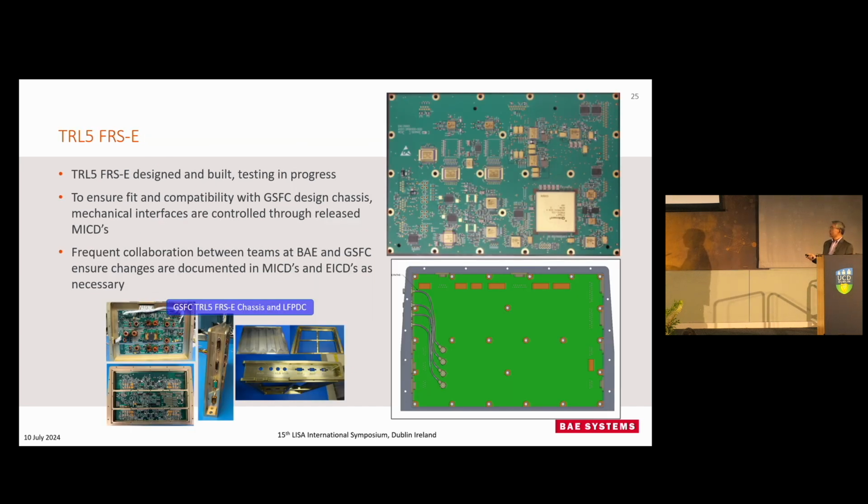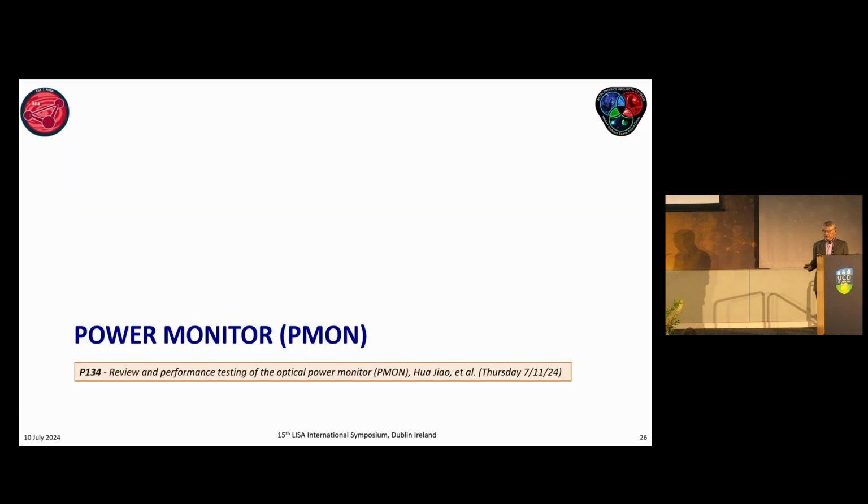And here's showing the TRL5 FRSE chassis power card designed by Goddard, and it was delivered to BAE just a month ago. We are going to visit BAE in a few weeks to do a pre-ship review of this FRS electronics and also the cavity that I showed earlier.